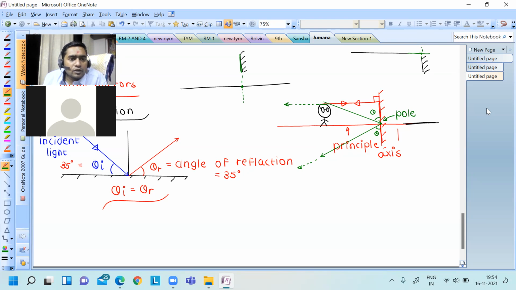So I must go behind the mirror, yes or no? Yes. So let's extend these rays this way. Here, in the backward direction, these two rays are actually intersecting each other, yes or no? Yes.